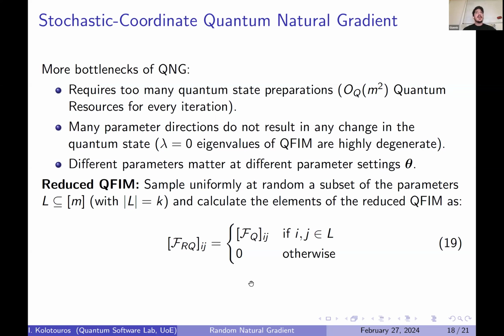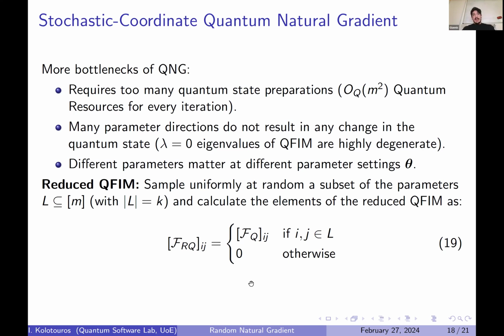They showed that if you have a quantum circuit with 600 parameters and you perform 100 iterations of the quantum natural gradient, you would need 1 year to converge, which, as you can see, means you can't hope for a quantum advantage if you need 1 year to converge with this type of optimization method.